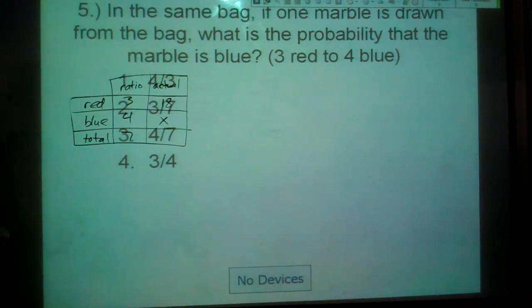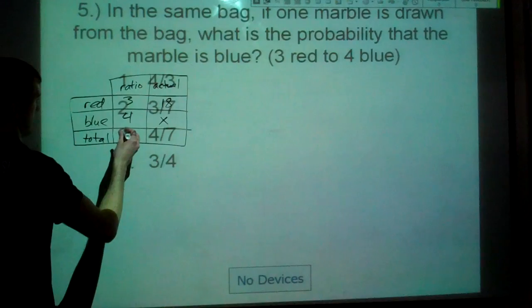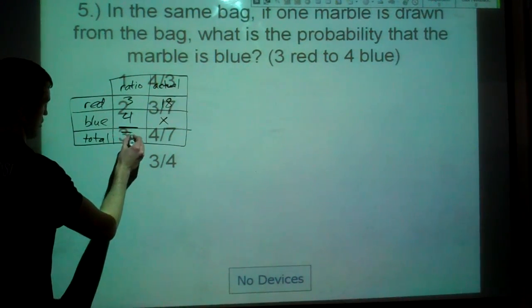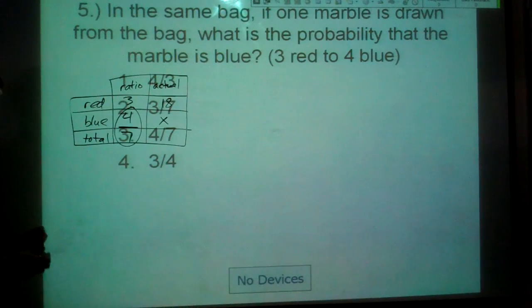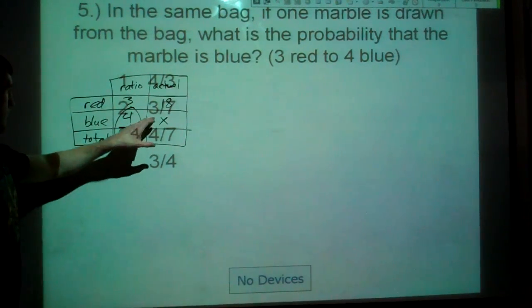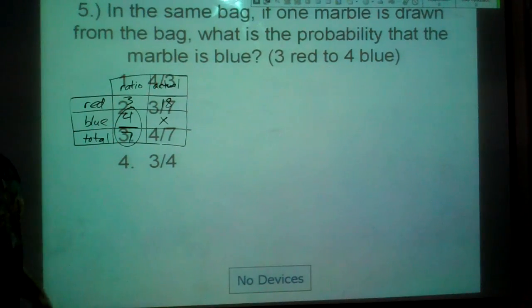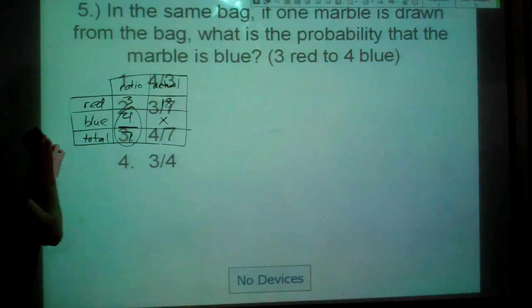But they're looking at blue, so what's the probability? It should be 4/7, or a 4 out of 7 chance that you will grab a blue. You could have found the actual number of blues and put it over the actual total, but it would reduce to 4/7. So there's your probability.